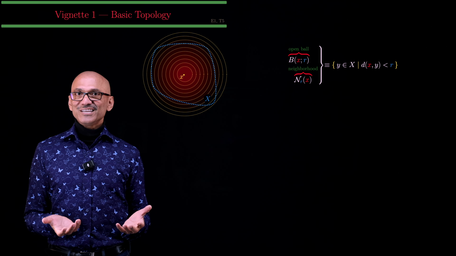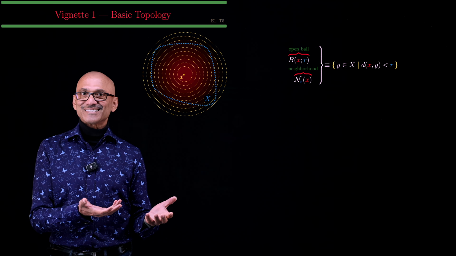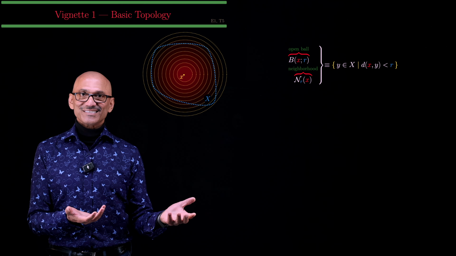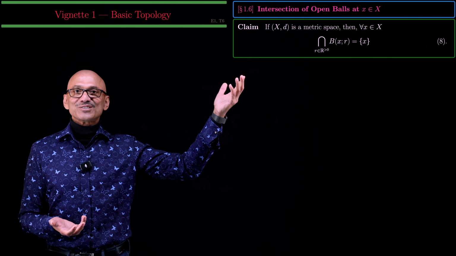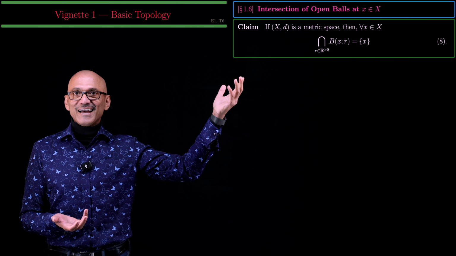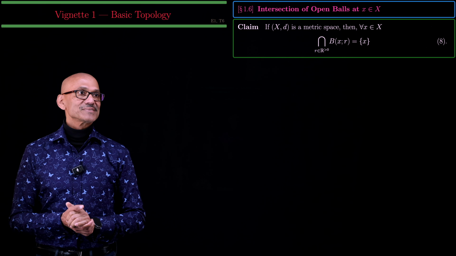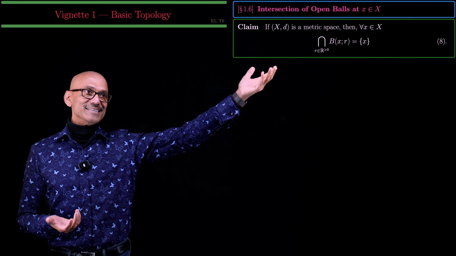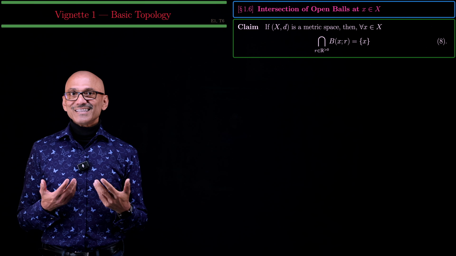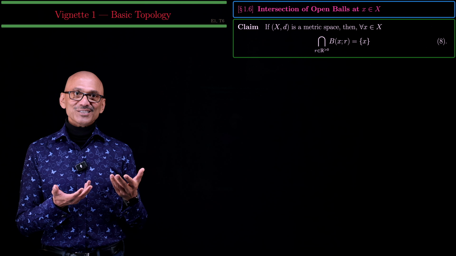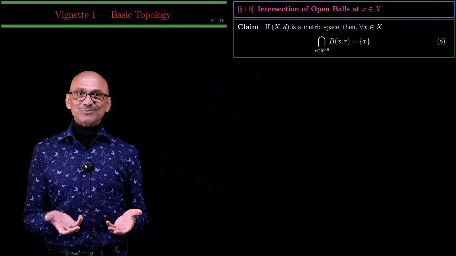An examination of unions invariably leads to an examination of intersections, doesn't it? What is the intersection of all open balls centered at a point little x in a metric space capital X? The claim here is that it is the singleton little x in equation 8. Equation 8 is an equality of sets. And to establish it, we have to establish mutual inclusion.